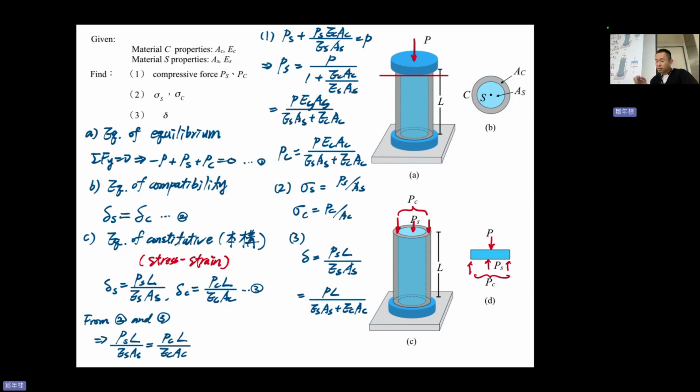You cannot memorize it, because the boundary condition varies from problem to problem. They are changing, so be careful. But the concepts are all the same. If you want to see the force, you just cut it, separate them, and do the equilibrium equation.